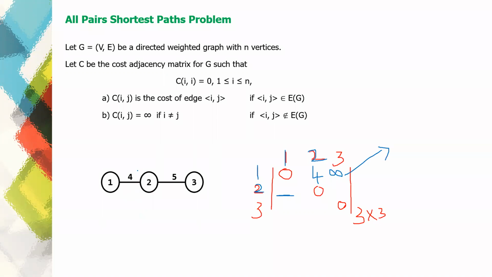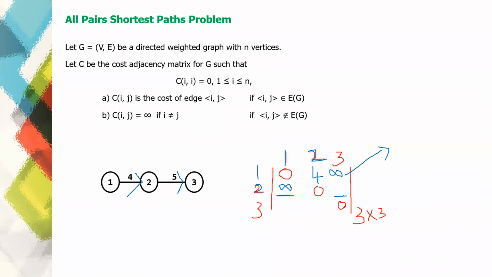This is a directed graph and the edges have arrow marks. If I check, I can traverse from node 1 to 2, but I cannot traverse from node 2 to 1 because the edge here is a directed edge. So there is no direct edge between node 2 and node 1, and I'm going to fill in infinity here.